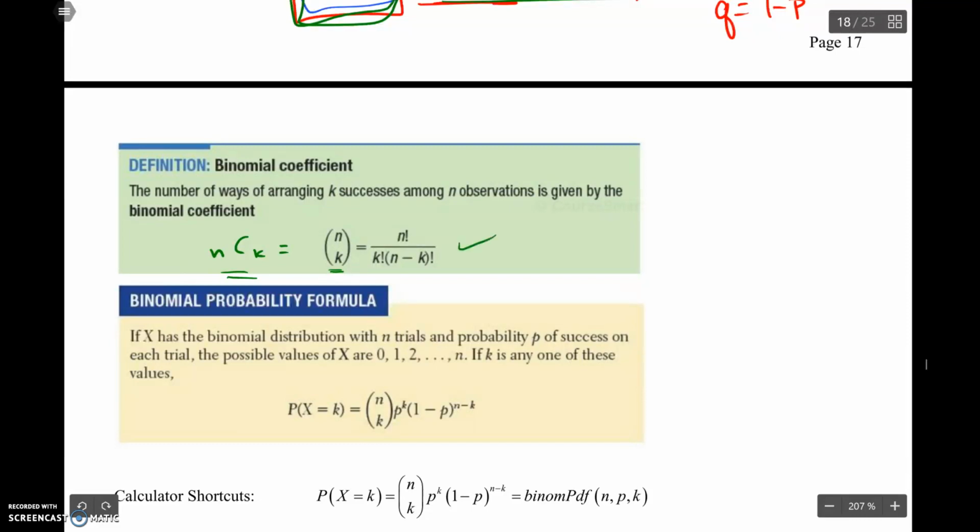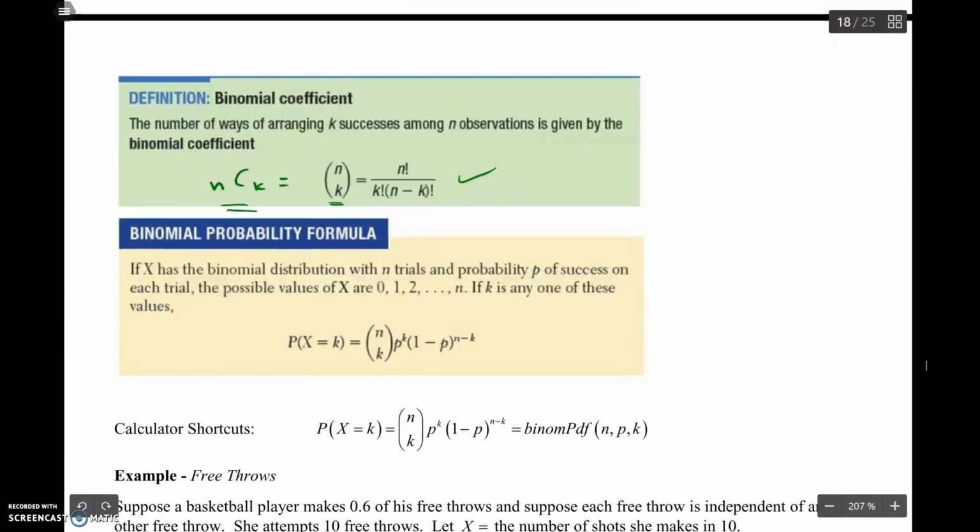We'll go over that. So here's the binomial formula. If you have a binomial distribution with n trials, and p is the probability of success, then the probability of getting k successes is n choose k, the number of trials choose the number of successes, my binomial formula here.